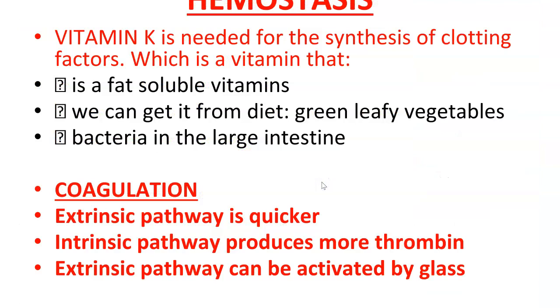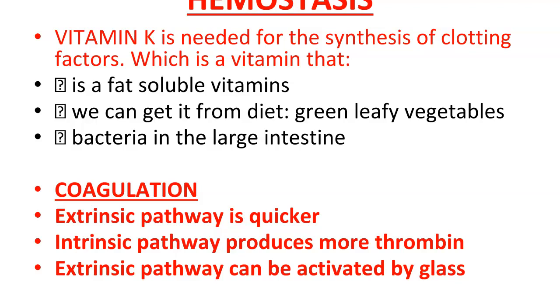Something else needed for clotting is vitamin K, which is needed for the synthesis of the clotting factor proteins. So this vitamin will go to the liver. This is a fat-soluble vitamin, meaning that it doesn't leave the body easily.